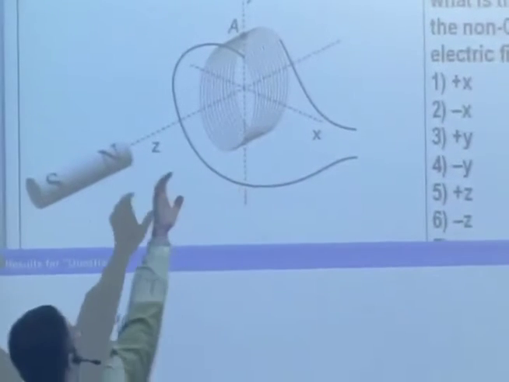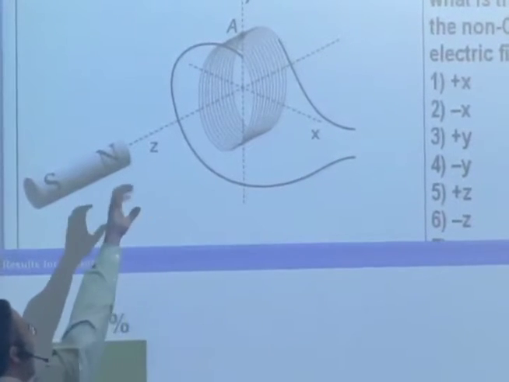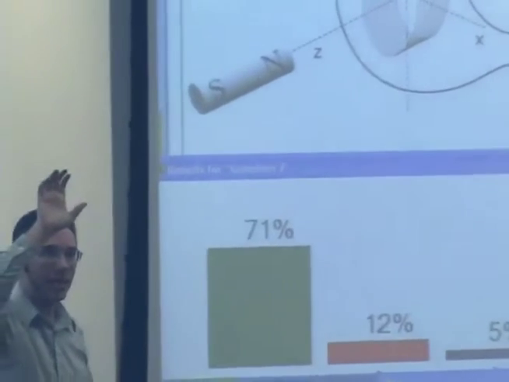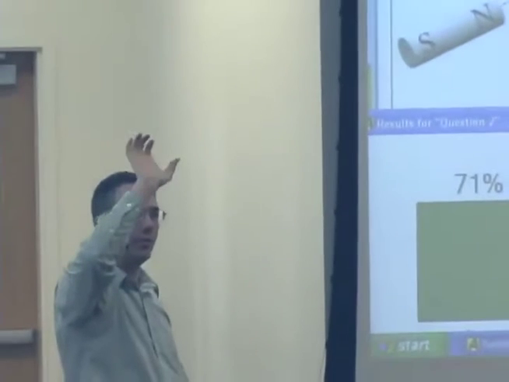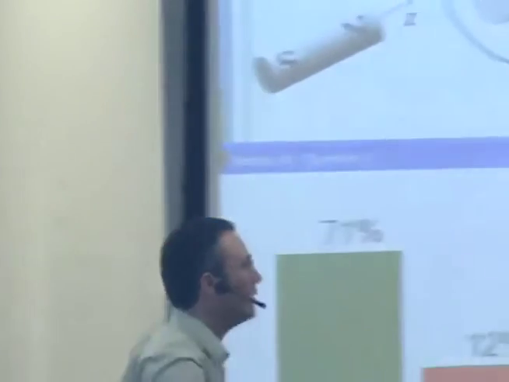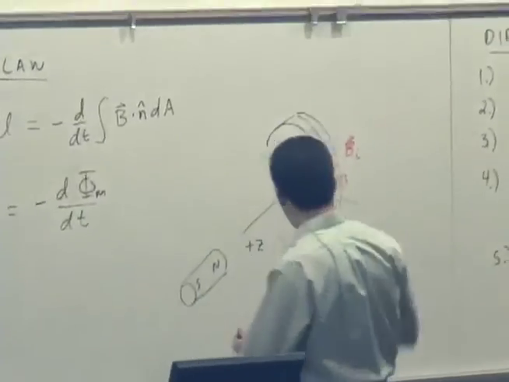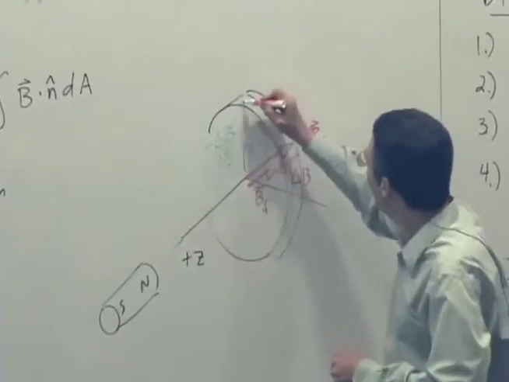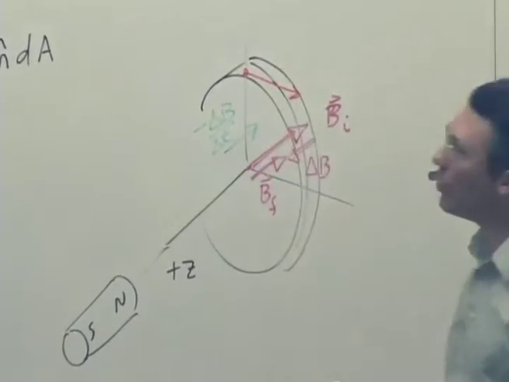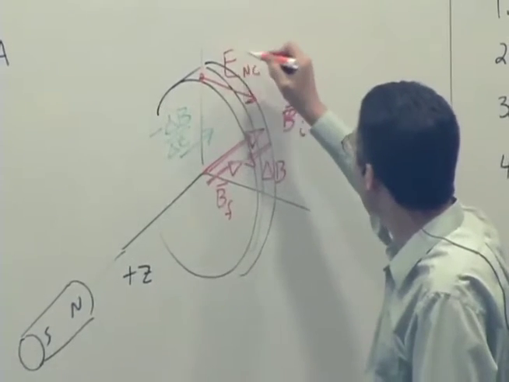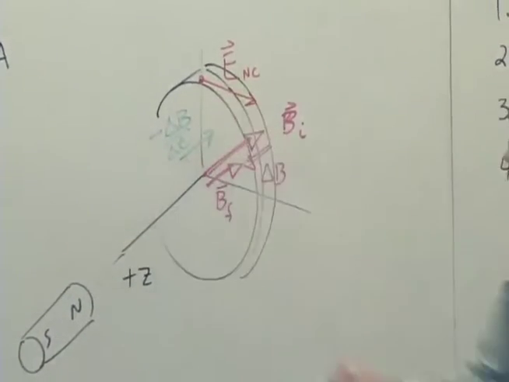So it's in like that, right? I curl my fingers around, and the observation location I'm interested in is the very top, so it's the direction of your fingertips when I curl them to reach the very top of the loop. So at that point, I'm going to get an electric field pointing in that direction, right? Which is the positive x direction. So that would be the direction of E non-Coulomb at that particular location.